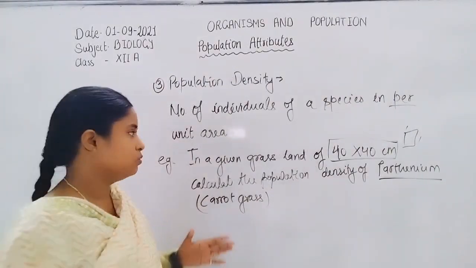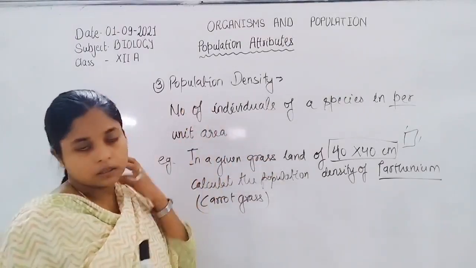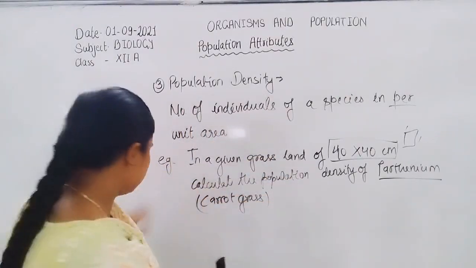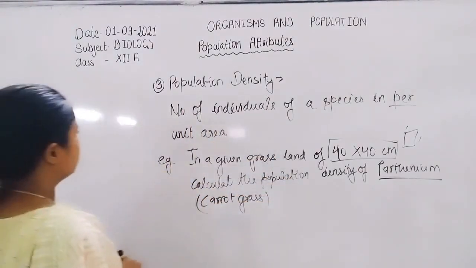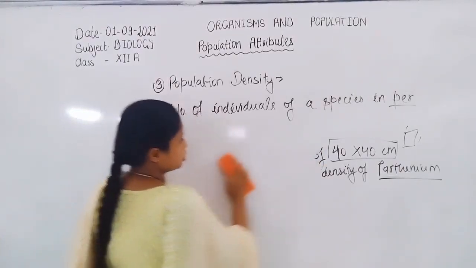So by this easy method we can calculate the number of individuals of a specific species present per unit area. Now let us discuss the next attribute.